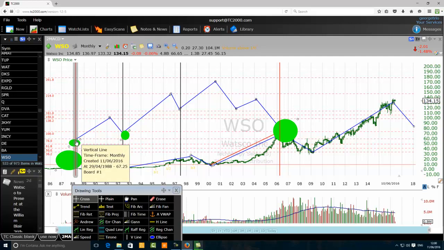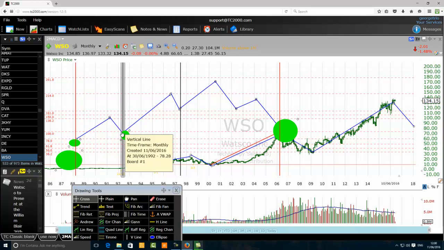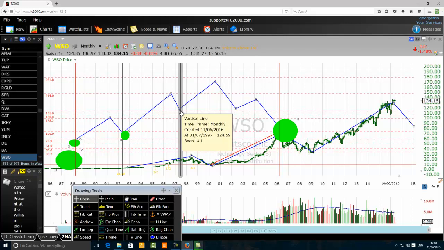But this cycle here, trending fast and then a correction, is a mini cycle of the bigger cycle. And this cycle here, trending fast and then the correction, also. So this cycle between these two vertical lines is also a mini cycle of the bigger cycle.